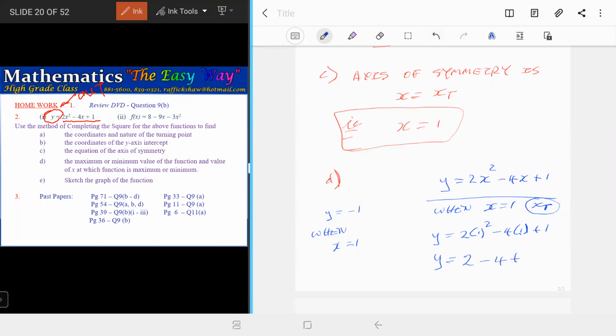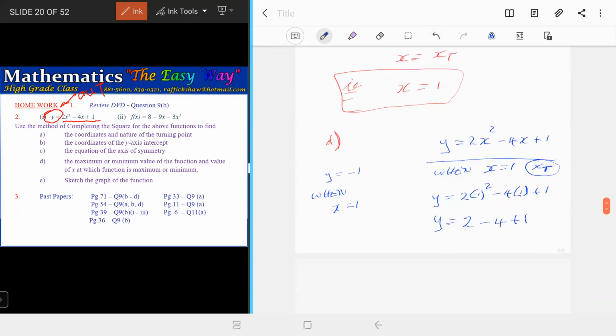So 2 minus 4 is -2, plus 1 is -1. So the answer here is -1. So the minimum value is -1, which is the yt value.